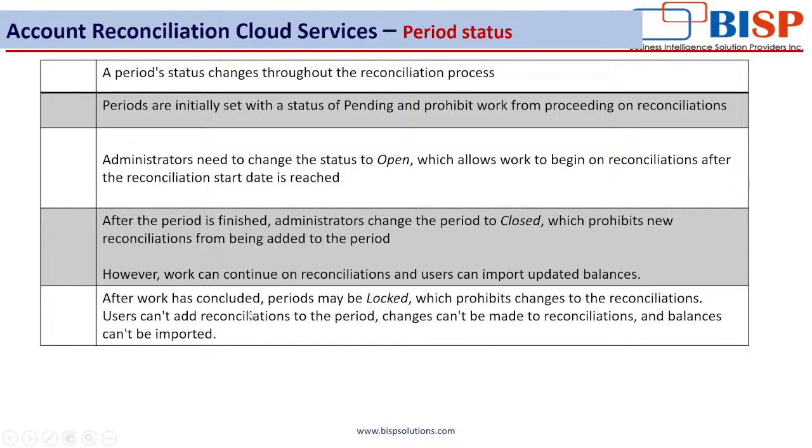The third status is locked, which completely prohibits changes to that reconciliation. The user can't add a reconciliation to that period, changes cannot be made to reconciliations, and balances cannot be imported if the period is in a locked state. But in a closed state you can import balances and work on existing reconciliations also.